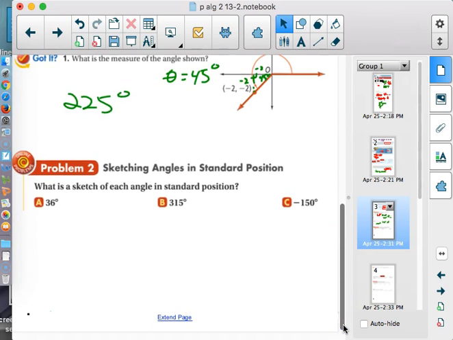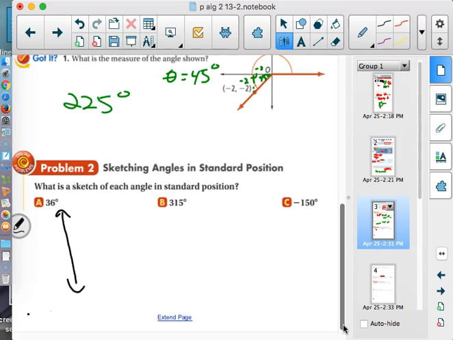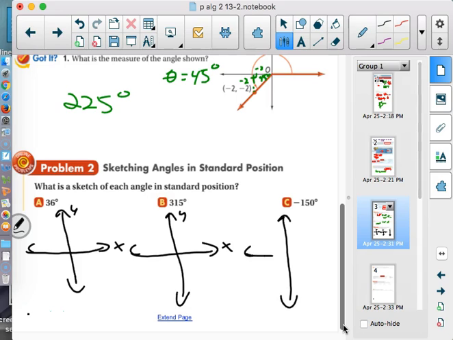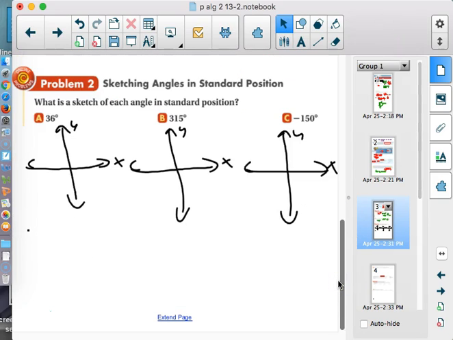Now, this is just sketches, and we do need to make our little X and Y Cartesian coordinate plane here, so just take a second. Draw some of those. Now, before I draw, I always think to myself, do I know where I'm going? 36 degrees.